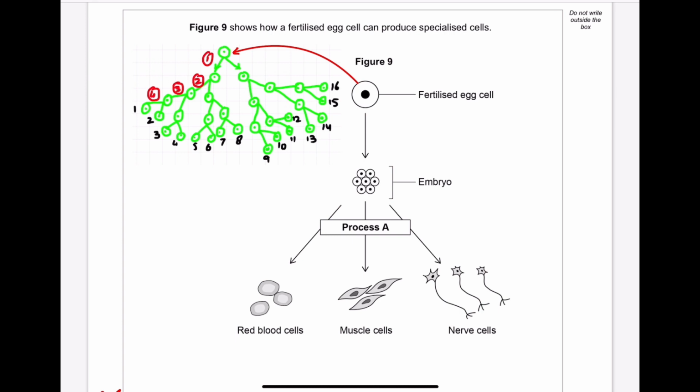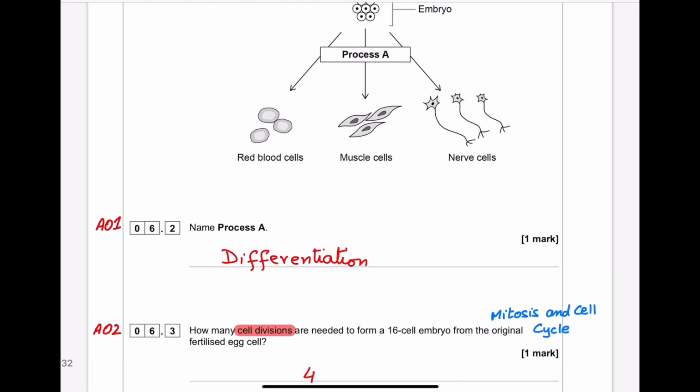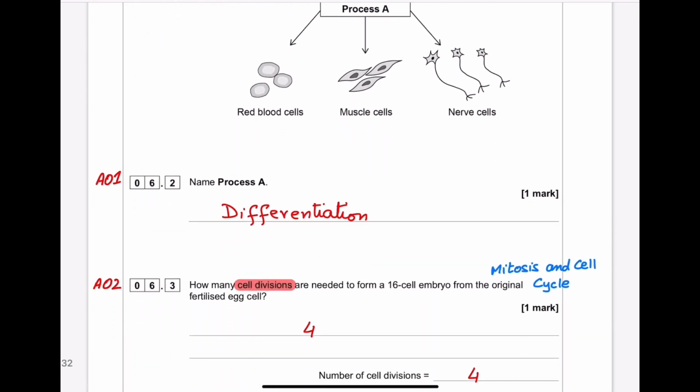From the third division, we have 8. And in the fourth division, we have 16 identical daughter cells formed. So we need 4 cell divisions to get 16 embryonic cells. The correct answer is 4 cell divisions.